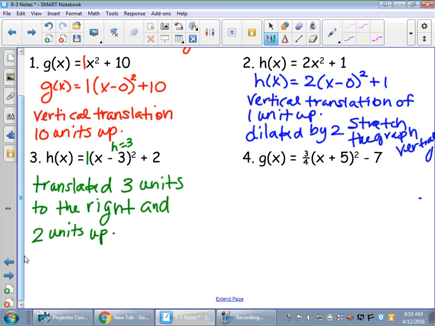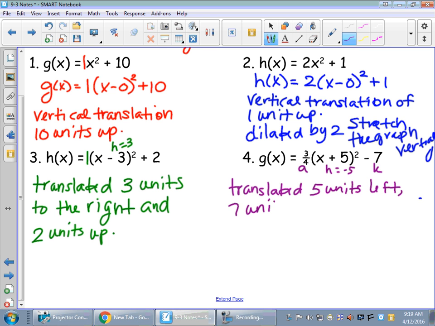And number 4, our last one, has all the pieces. It has an a value. My h value is a negative 5 there, and then it has a k. So we have to talk about everything that's going on here. It's translated. The h value of negative 5 is going to translate it 5 units left. The negative 7 for the k value is going to translate it 7 units down.